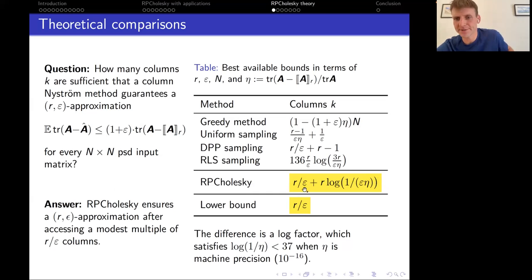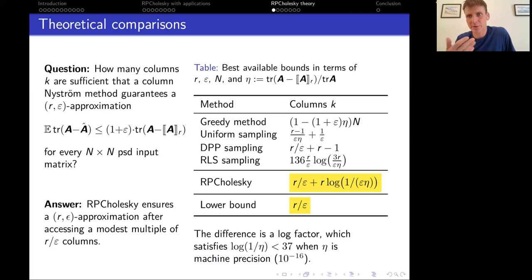We get R over epsilon plus R log 1 over epsilon eta. Recall that eta is the relative error in the best rank R approximation. And like most folks who do algorithmic analysis, we believe that the log factor doesn't kill you. In particular, it satisfies log 1 over eta is less than 37 when eta is as small as machine precision.